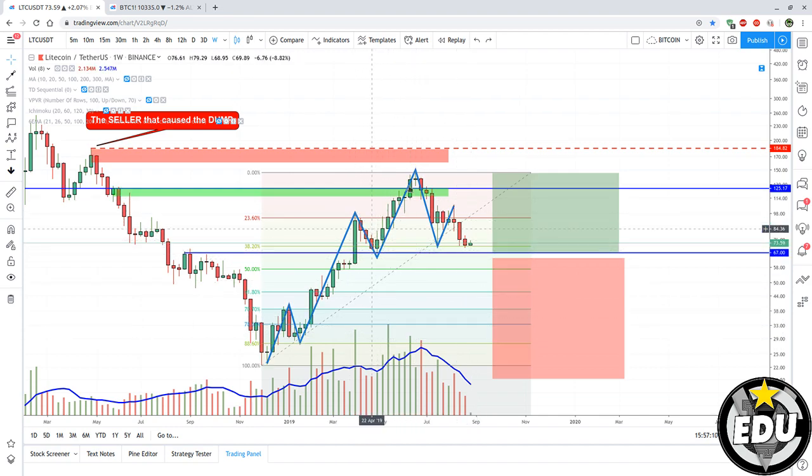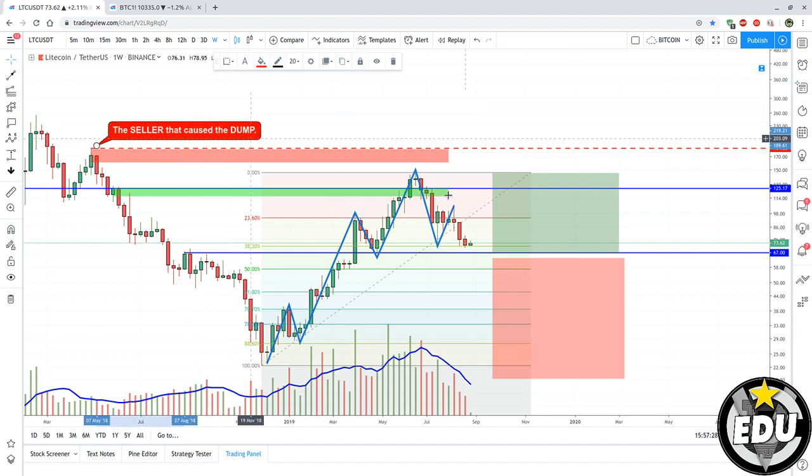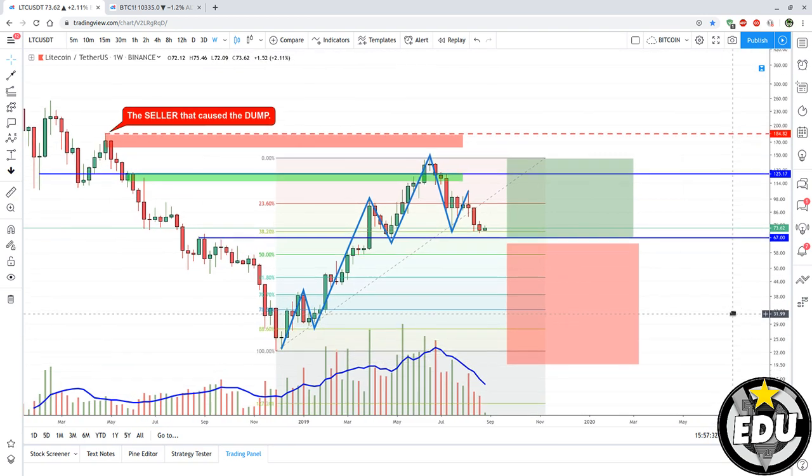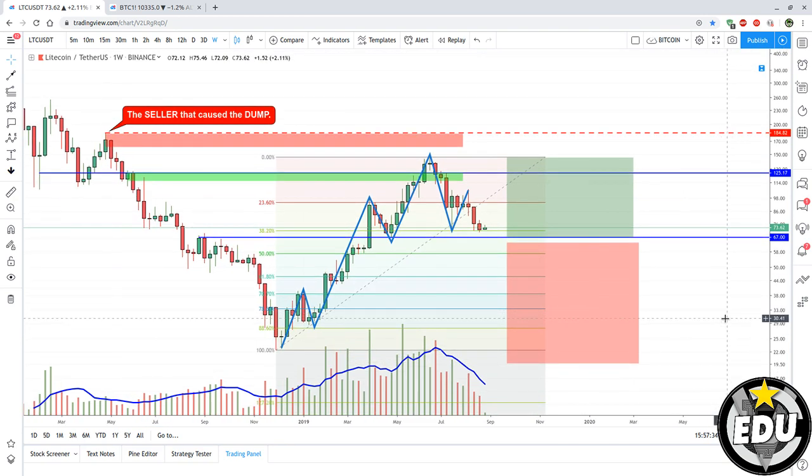Volume doesn't match with an inverse head and shoulders, so it could be an ABC. So I really want to see how it will react at this level. Could have a bounce, and if LTC bounces, Bitcoin could also bounce, because we have seen LTC move before Bitcoin. Not sure why, but that's what some traders have spotted.